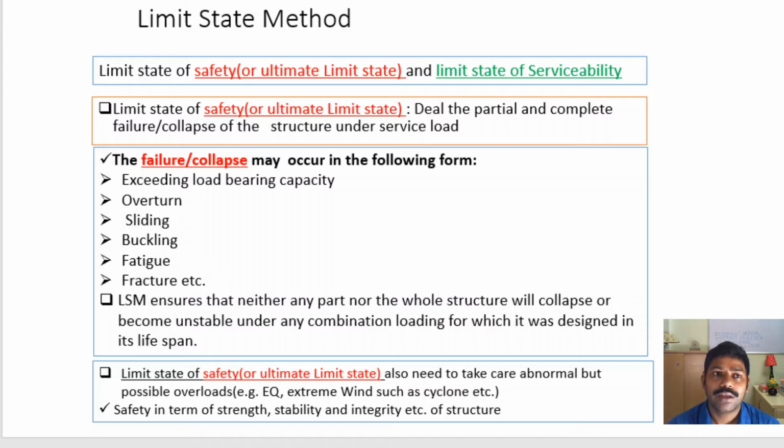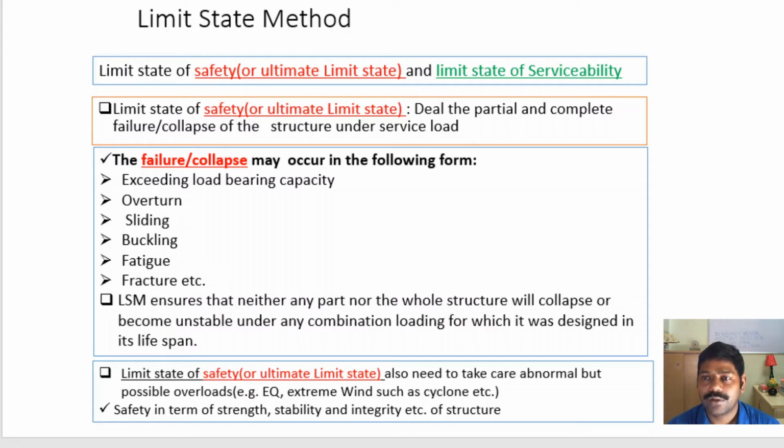So the limit state method is based on two things: the limit state of safety, or ultimate limit state, and the limit state of serviceability. In the limit state of safety, you are ensuring safety against failure of the material, stability, and the integrity of the structure.